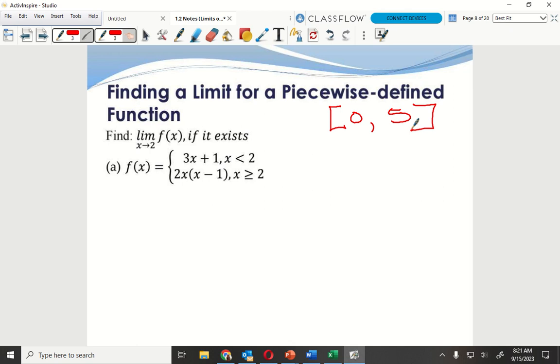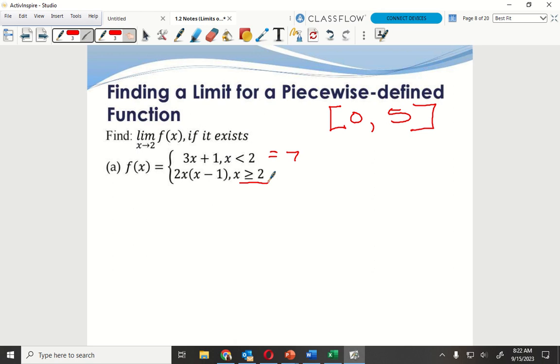So what we're going to do here, we're going to check to see, as x approaches 2, because I'm going to find the limit as this one. So now let's see, what's going to happen as I plug in 2 to this first problem? 3 times 2 is 6, plus 1 is 7. So this one is going to give me 7. And what about this side right here? I'm going to do the same thing over there.